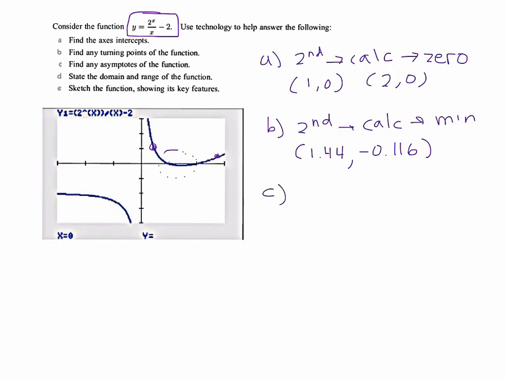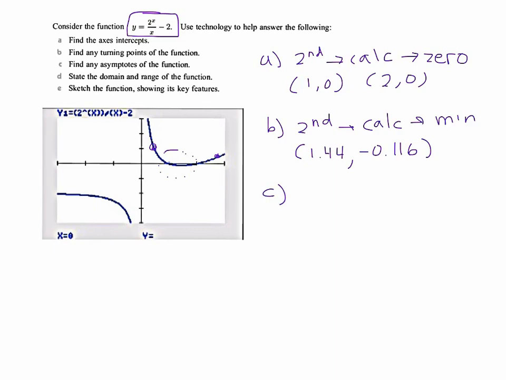Then C, find any asymptotes of the function. In order to find asymptotes, we need to look at as x is approaching infinity or negative infinity, what happens to the y value, and sometimes it's obvious and sometimes it's not.